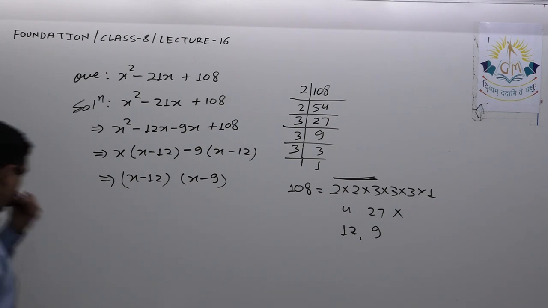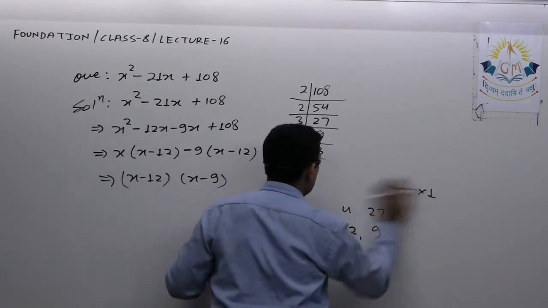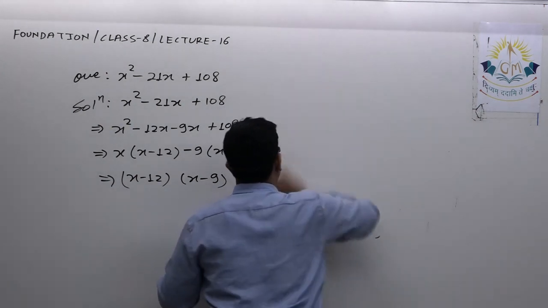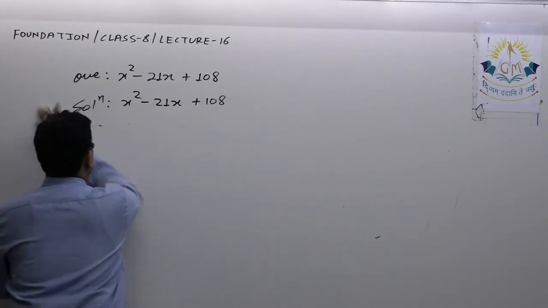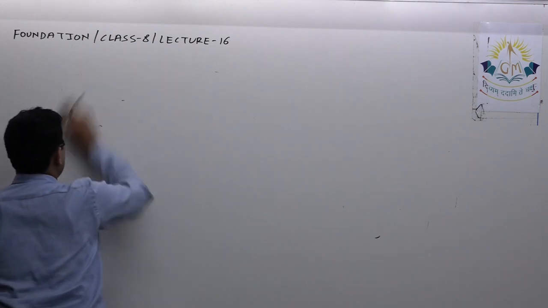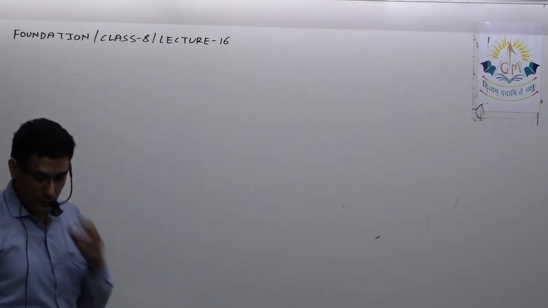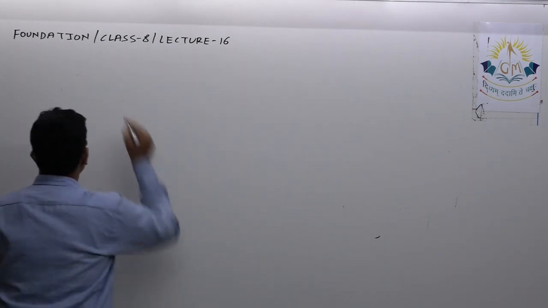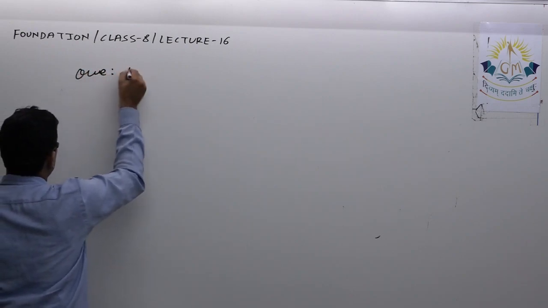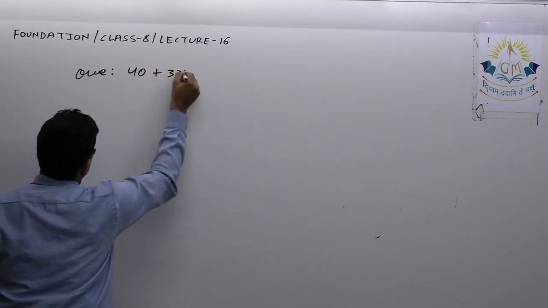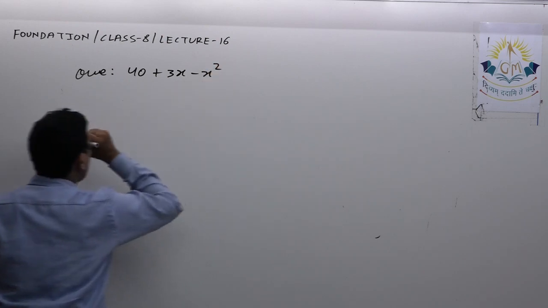Okay, now let us see the next question. Next question is 40 plus 3x minus x square.